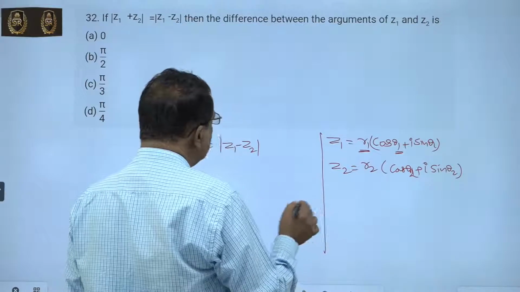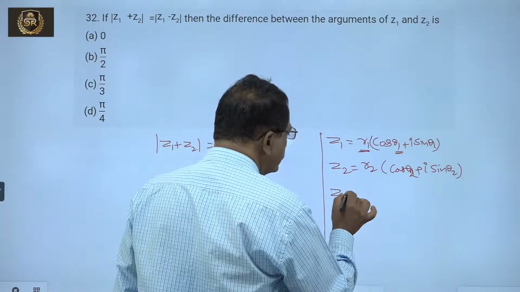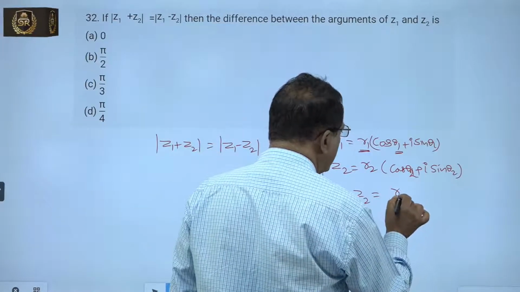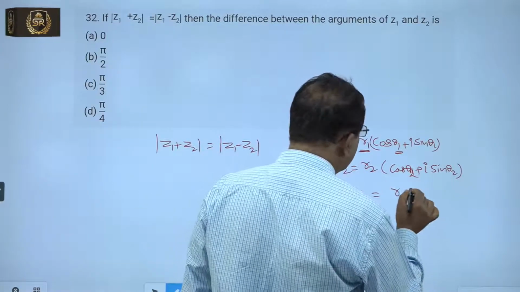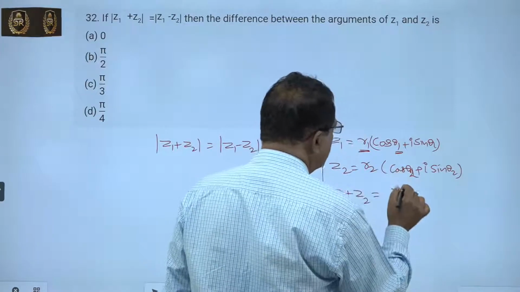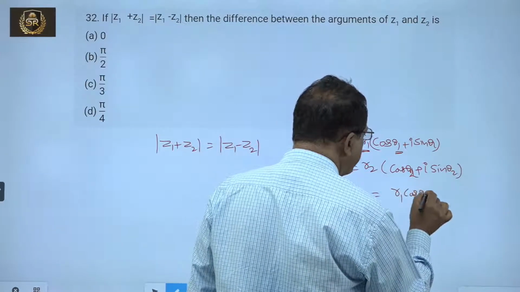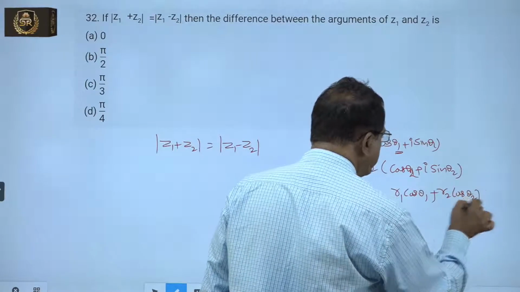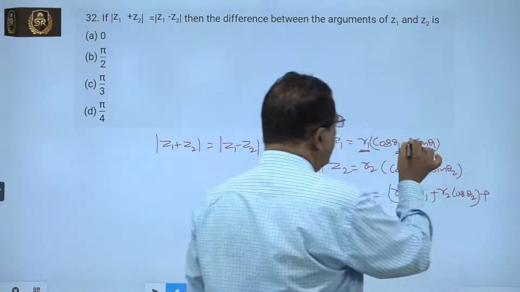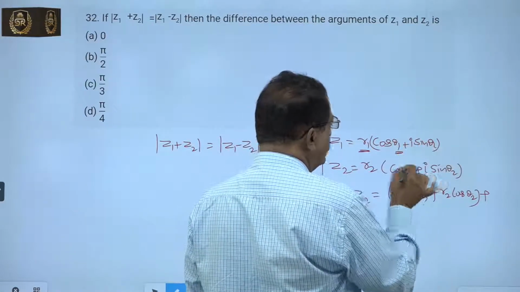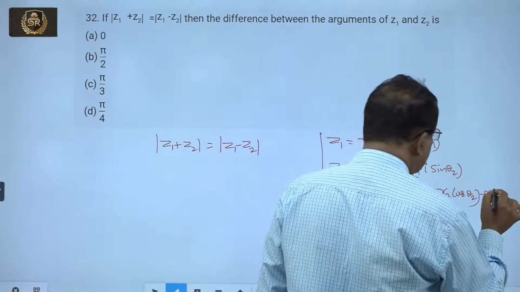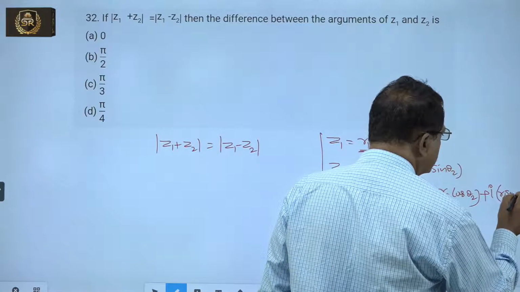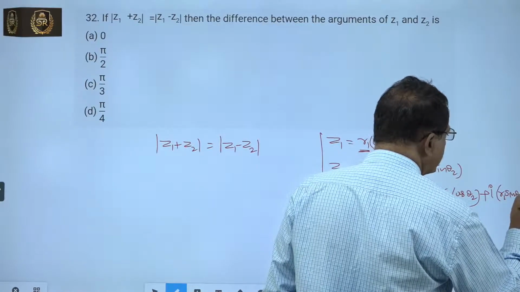Now, z1 plus z2 equals r1 cos theta 1 plus r2 cos theta 2 plus i times r1 sin theta 1 plus r2 sin theta 2, taking i common.